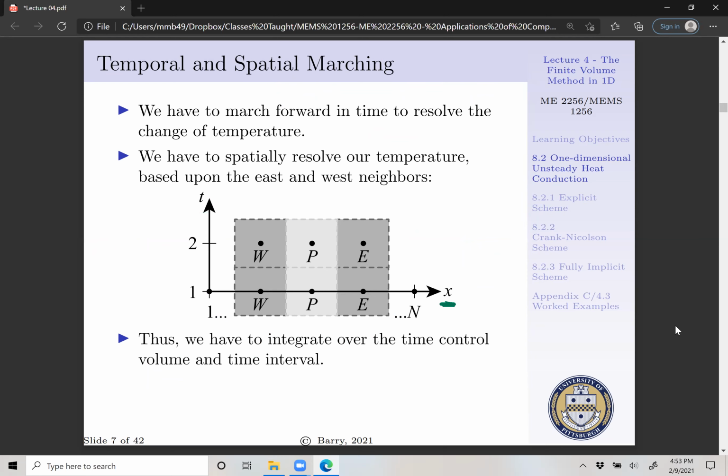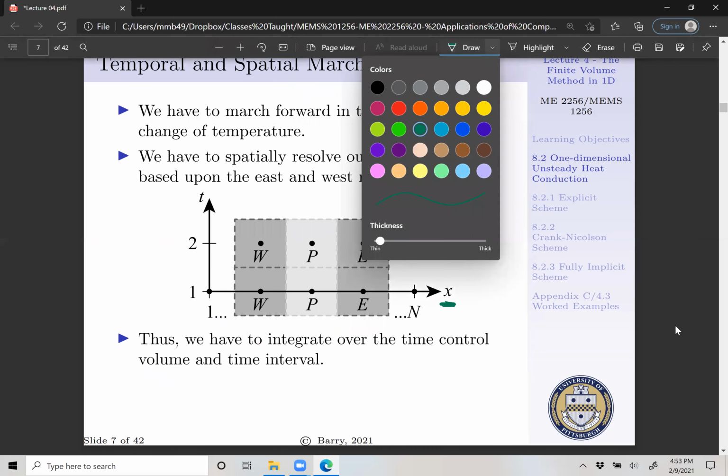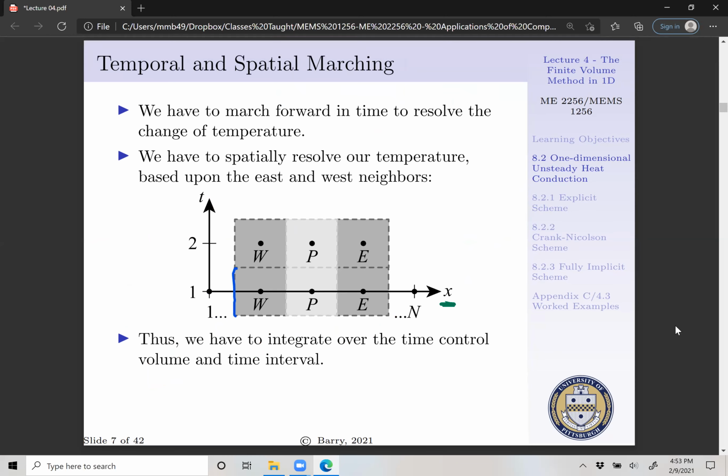So a really easy way to think about this is our x-axis is going to represent our spatial domain. And in our spatial domain, we can apply our stencil to our nodes.